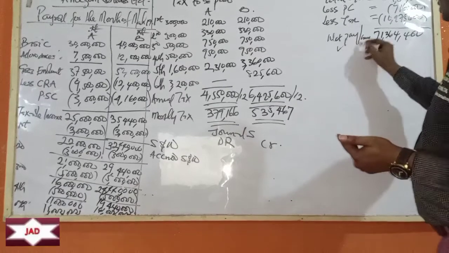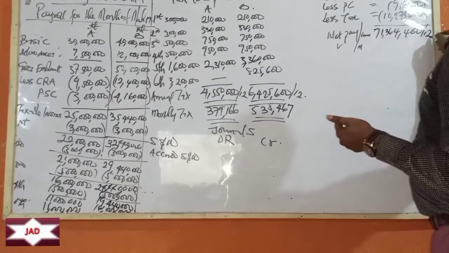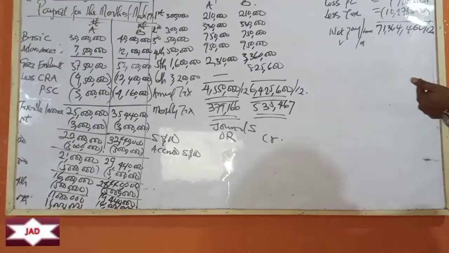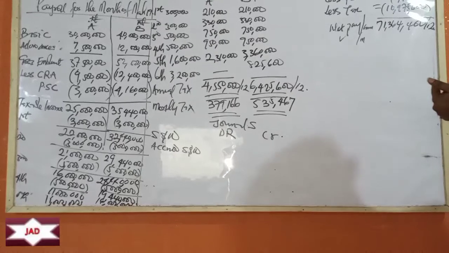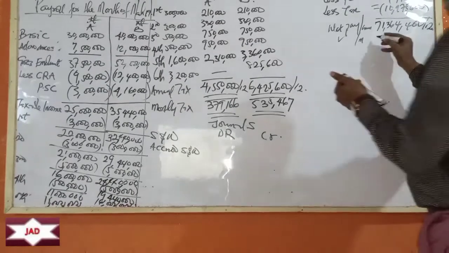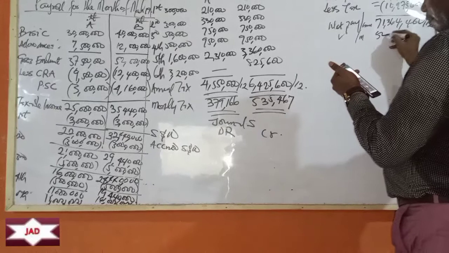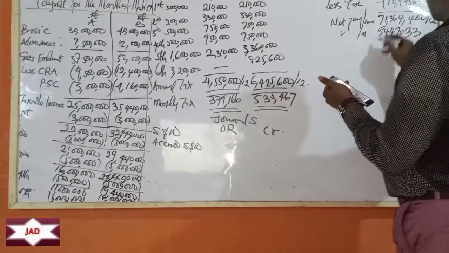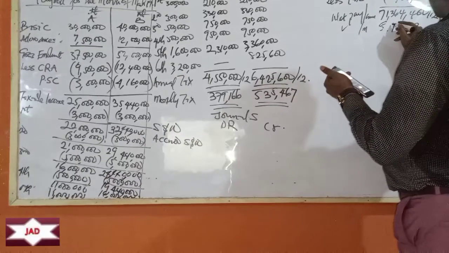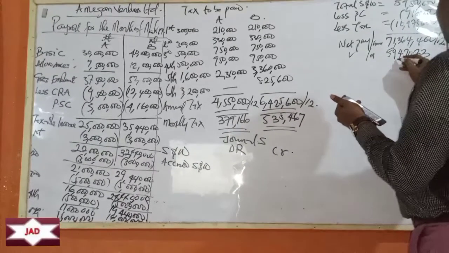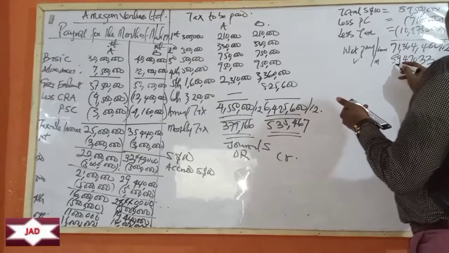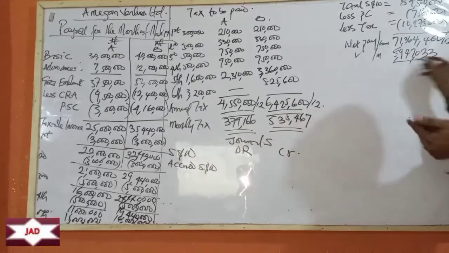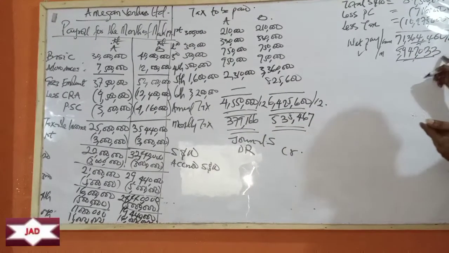So per month, we divide this by 12. So their net pay per month is 5,947,033.